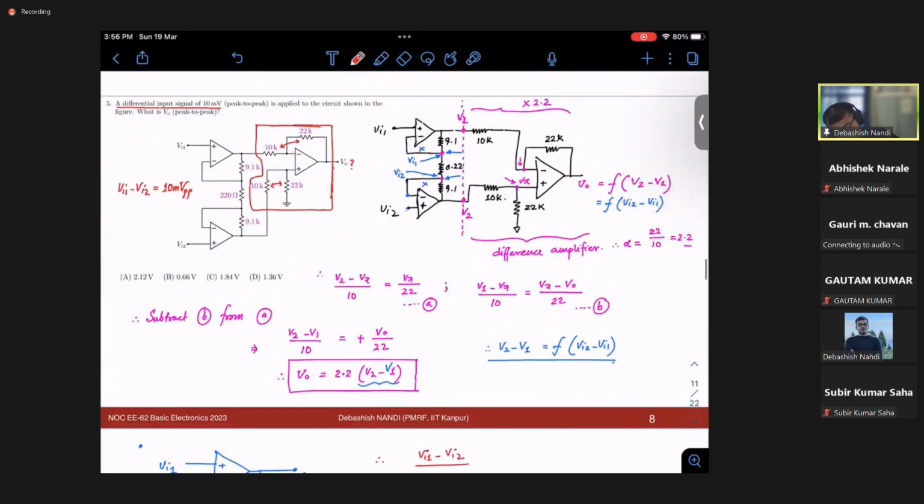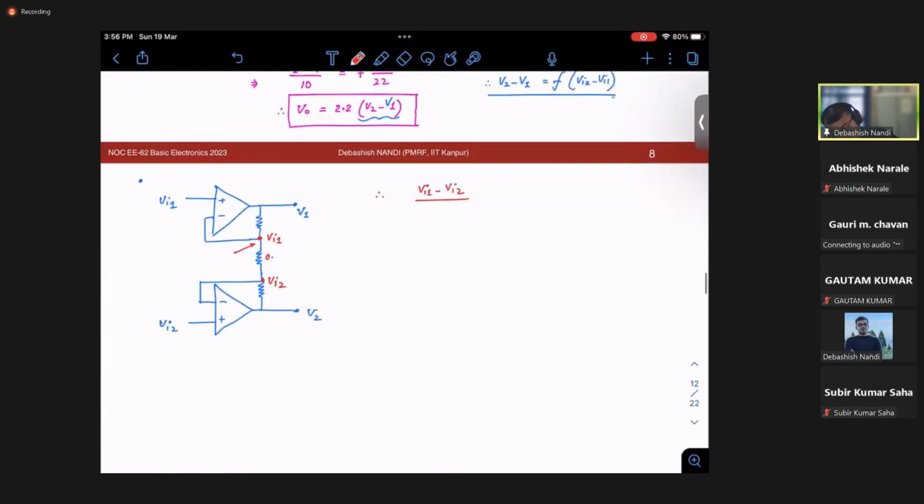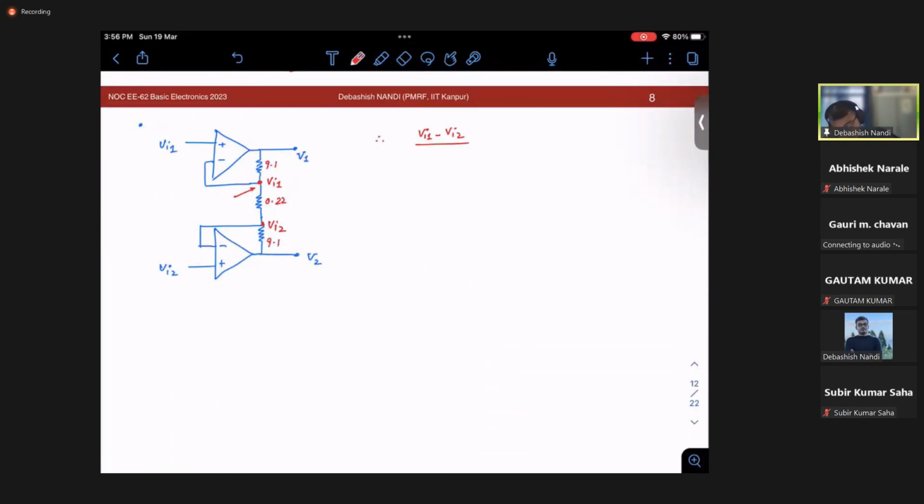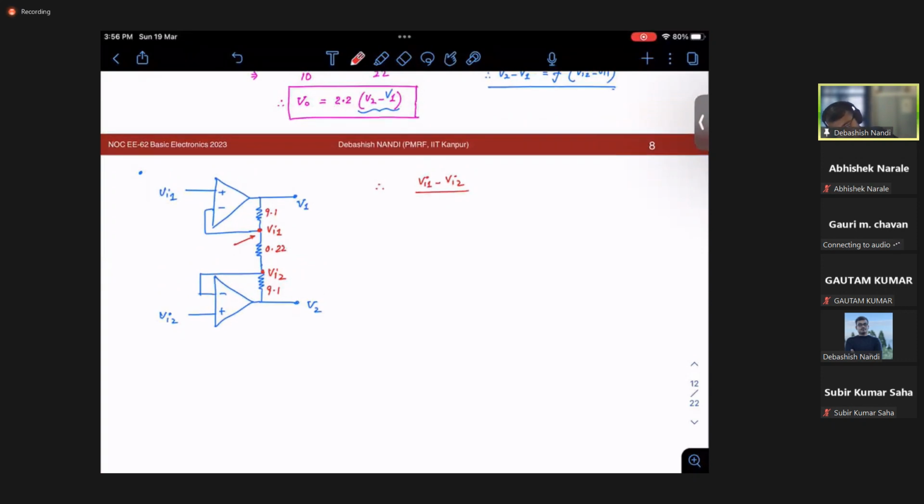So (Vi1 minus Vi2) by 0.22, this current will be equal to the current coming here, so it will be equal to (V1 minus Vi1) over 9.1, and KCL at this node will give me (Vi2 minus V2) over 9.1, okay, let me take it to this side, will be equal to this current, so this will be (Vi1 minus Vi2) over 0.22.